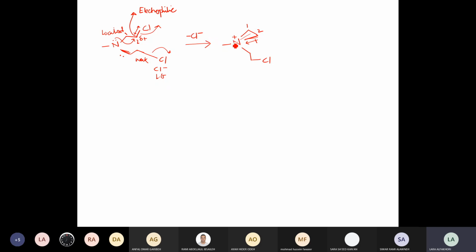Can you give me another reason why we consider this compound highly electrophilic, even more than what we started with, besides the positively charged nitrogen pulling electrons strongly from carbons 2 and 1? Because the triangle has strain. Yes, exactly, because I have bond and angle strains which make such a structure highly strained, dying to be opened, meaning anything can easily open it.